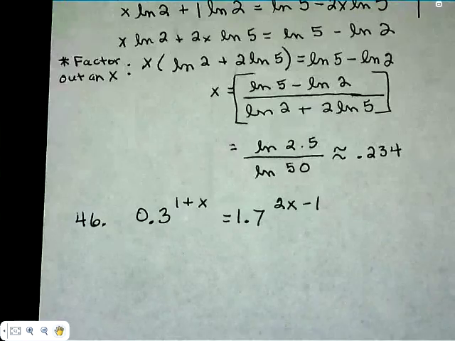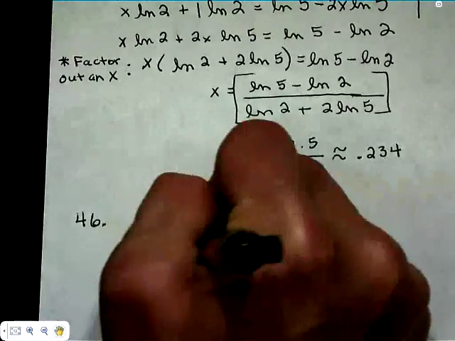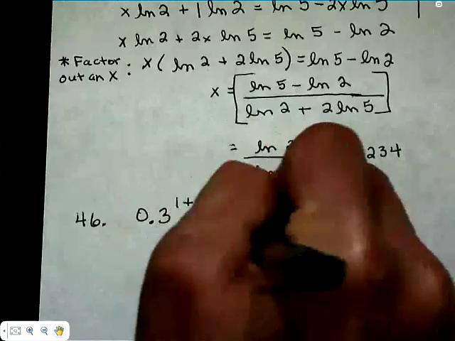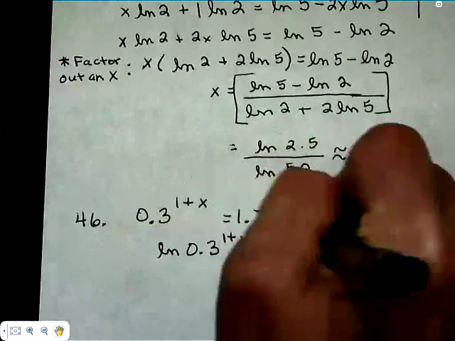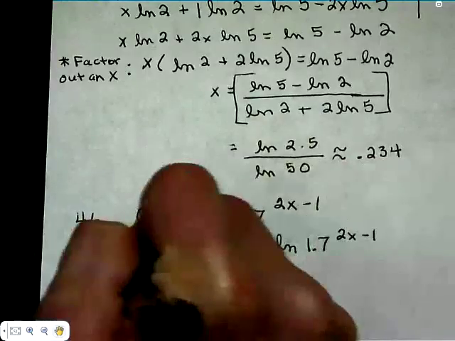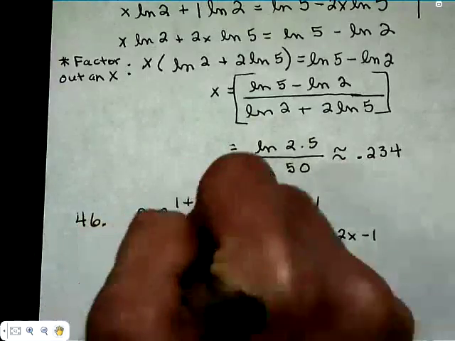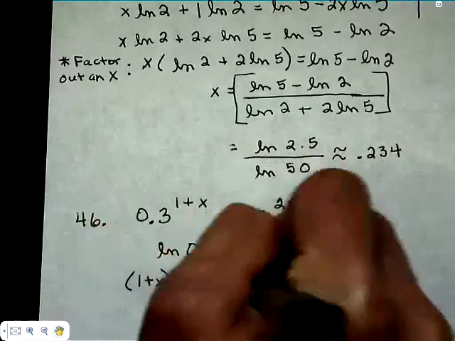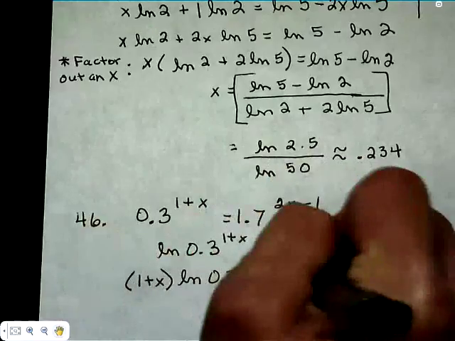Take the log or natural log of both sides to get those exponents down out of the air. And when you bring the exponents out front, make sure you use parentheses.